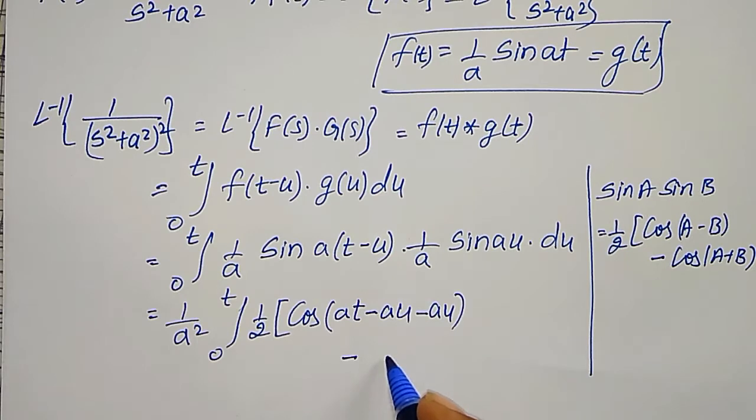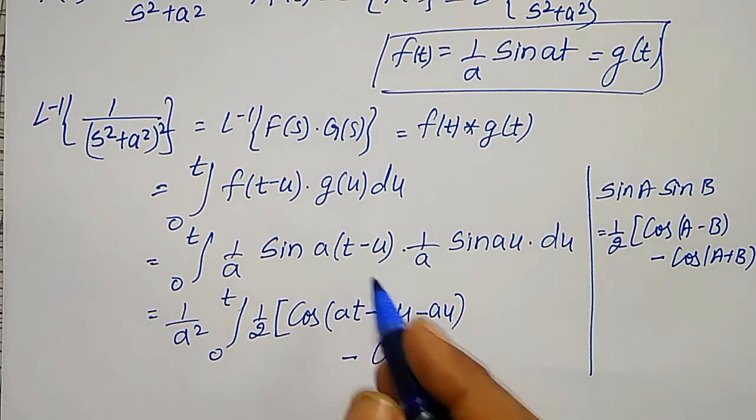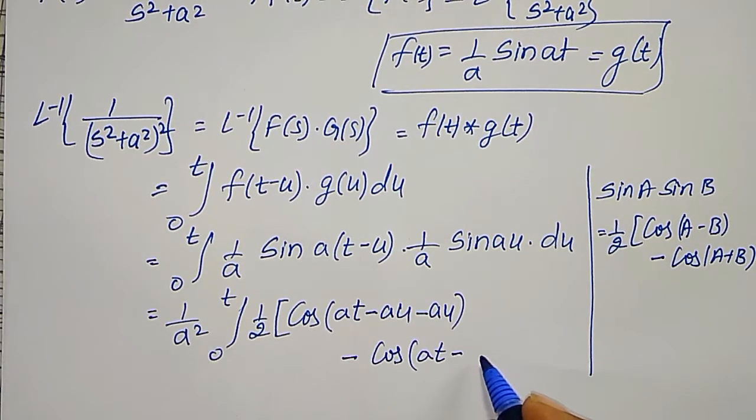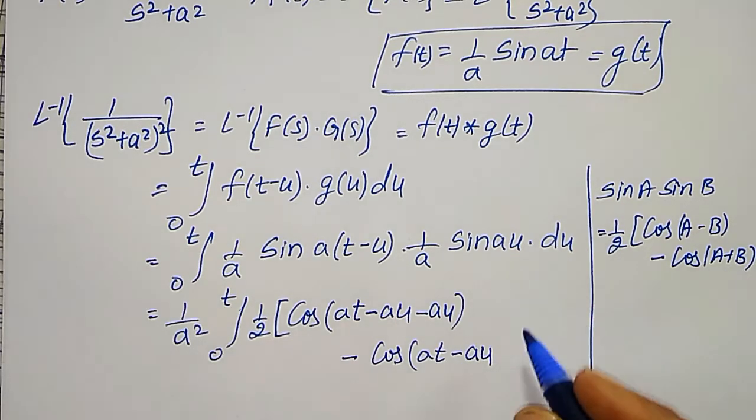Then minus cos of (A plus B). A is at minus au, plus B, that is au, into bracket du.